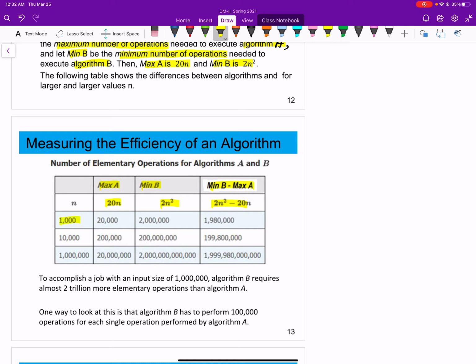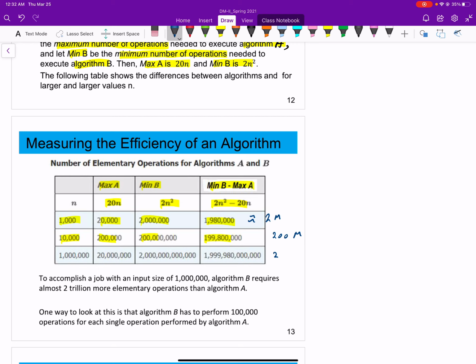If you have 100 data instances, 1000 data instances, these are the corresponding values and that is the difference, which is close to 2 million. Then the next input size is 10,000, and the difference is close to 200 million.